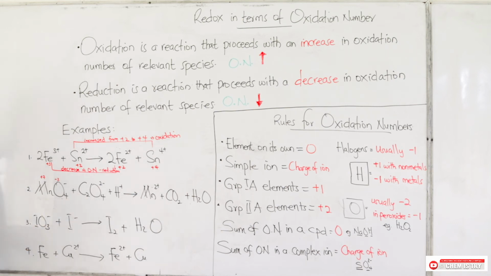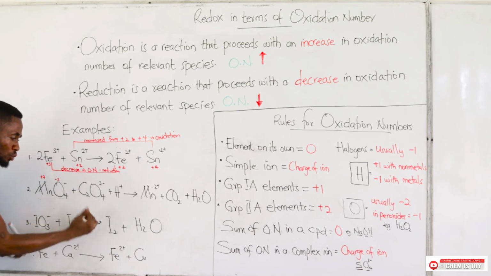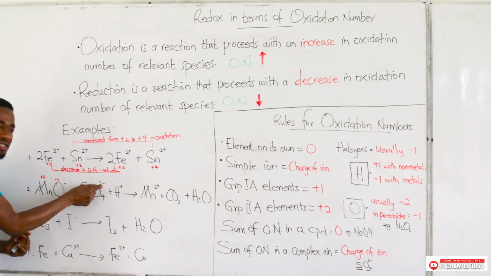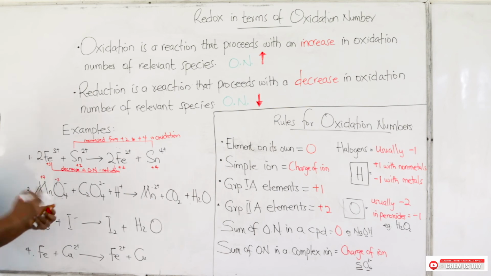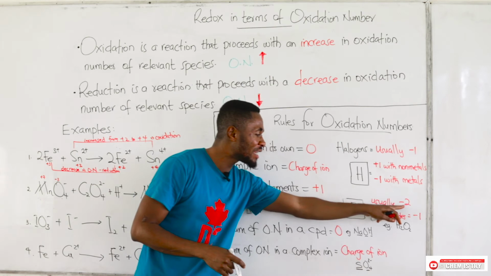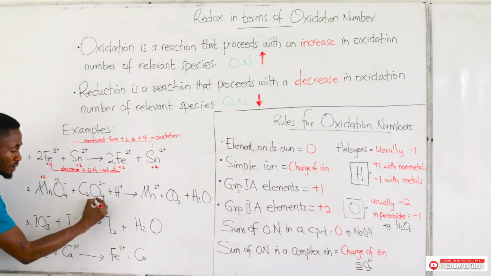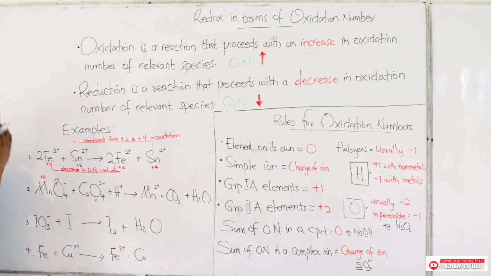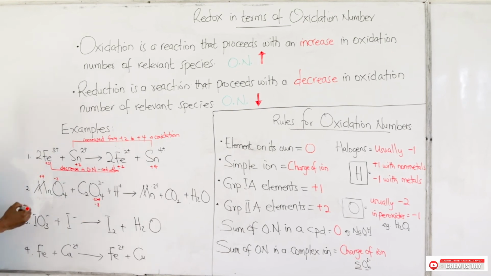Now let's go to the next one. That one too is a complex ion. So the oxidation number for the 2 carbon atoms and the 4 oxygen atoms, when we combine them, we are supposed to get the charge carried by the whole complex ion, which is -2. So we don't know the charge of carbon, but we know from here that oxygen is usually -2. And how many oxygen atoms do we have there? 4. So -2 times 4. That gives us -8.